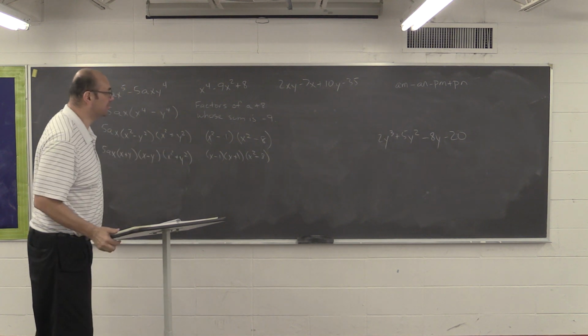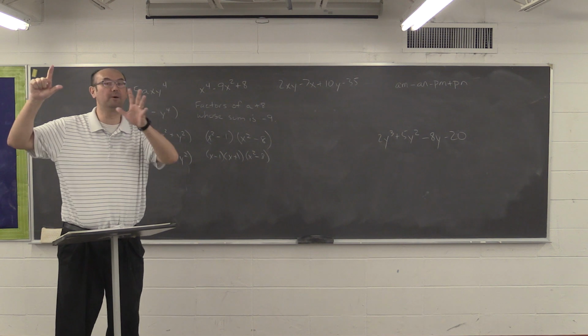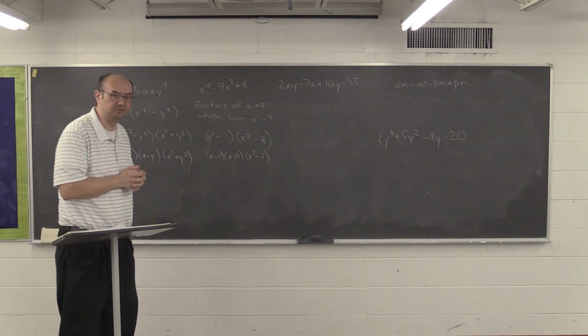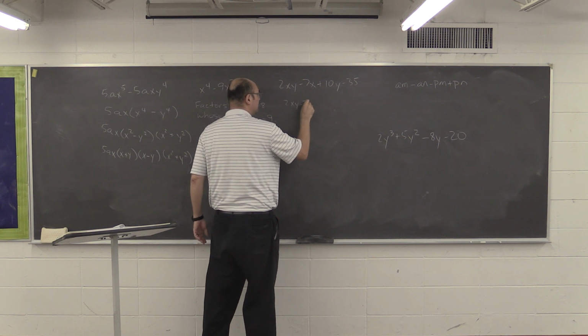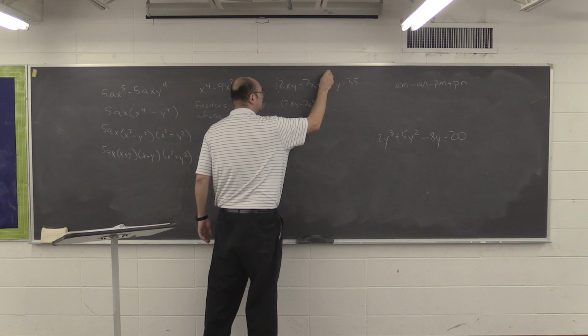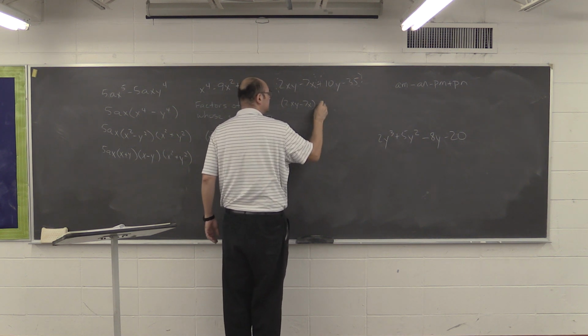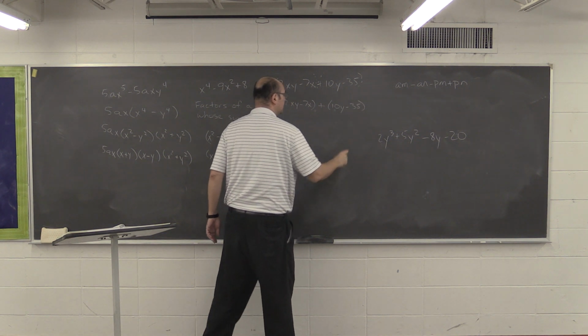Now, these last three problems are a little bit unique. All we do is group them in two sets of binomials, and let's see what happens. 2xy minus 7x, we're going to put that in parentheses, and then we're going to put the second in parentheses, plus 10y minus 35.